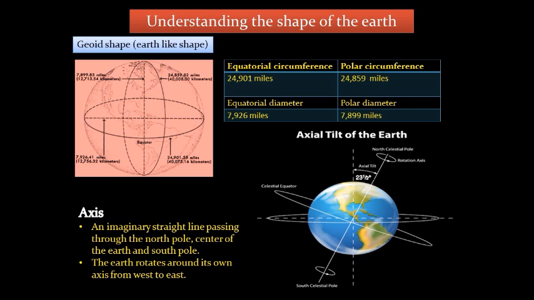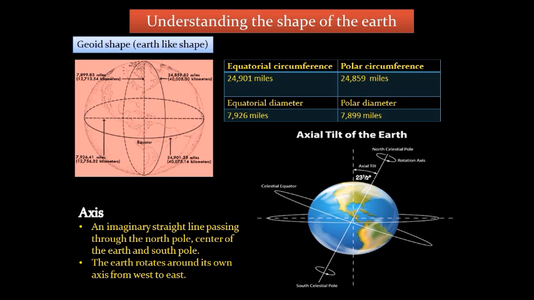The equatorial diameter is 7,926 miles, and the polar diameter is 7,899 miles. So the polar diameter is also slightly less than the equatorial diameter. Both polar circumference and polar diameter are slightly less than their equatorial counterparts.